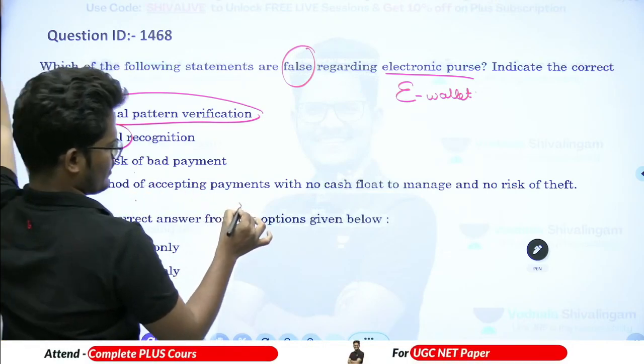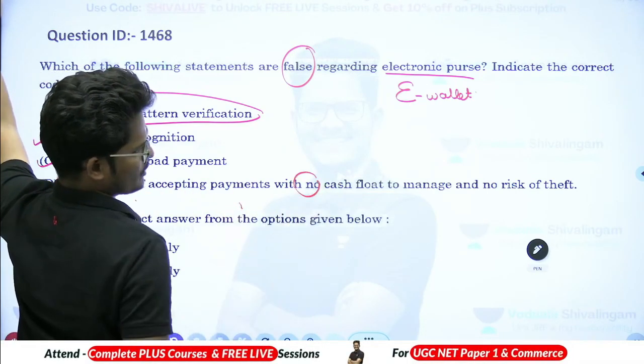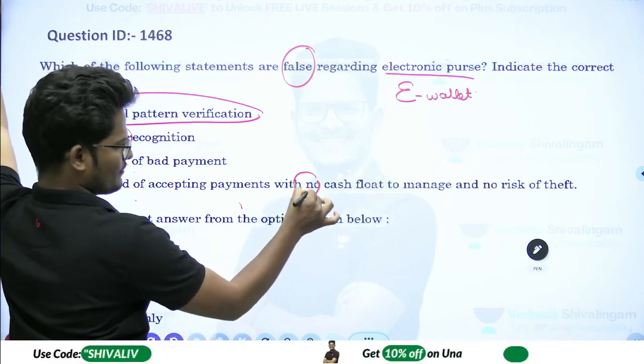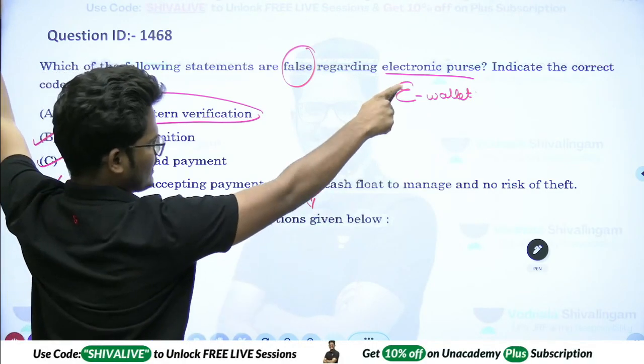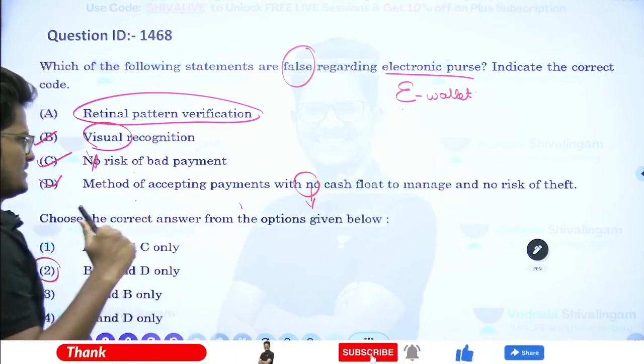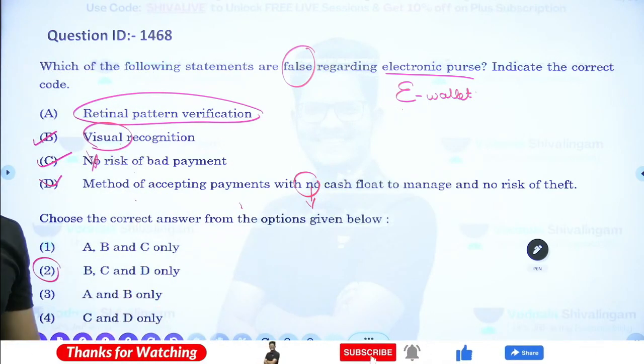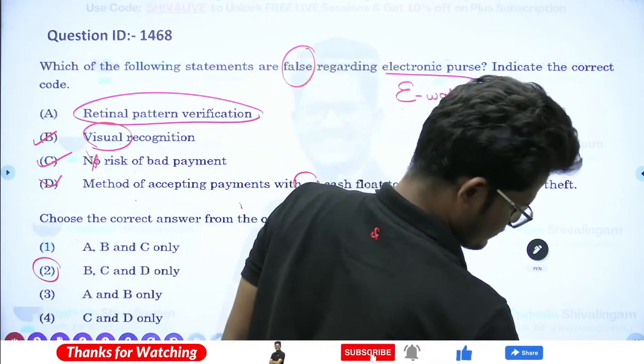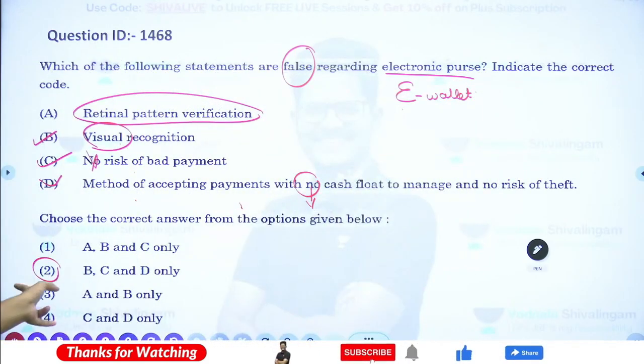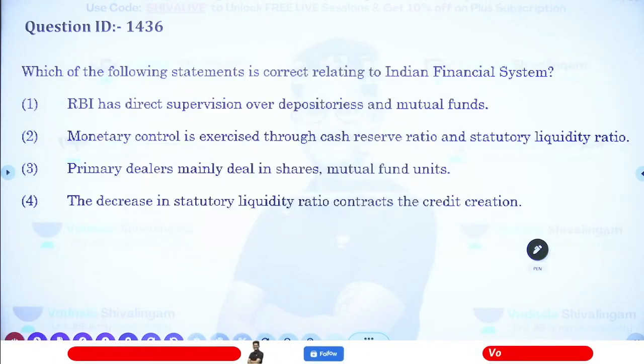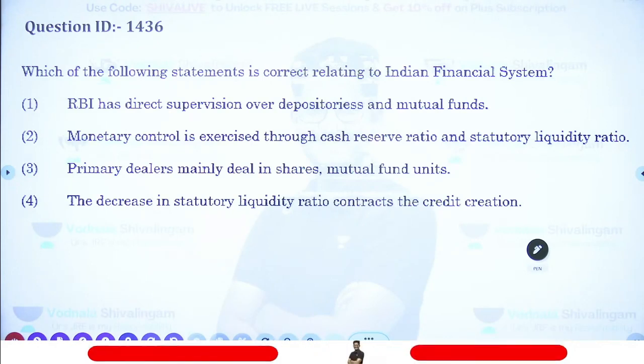Method of acceptance of payment with no cash float to manage and no risk of theft. Without cash, you cannot make the payment. You have to fill the cash in the wallet or the electronic purse, and only then can you use it. Otherwise, not possible. Hacking can be done. Whoever is holding your phone can get access to your wallet.